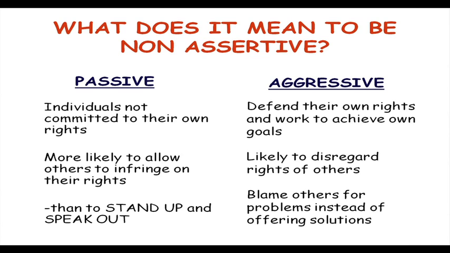So, both people are being non-assertive, and passive people generally do not stand up or speak out. They are quiet and passive, while aggressive people blame others for problems instead of offering solutions. The statements are more like "you did this." We will talk about assertive communication.